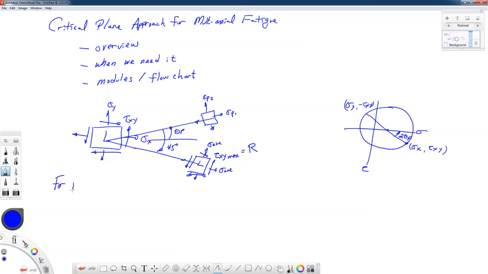Let's write this down. For proportional loading, what I mean by proportional loading is, for example, if we were to look at a phase space of sigma versus tau with time, proportional loading, all of those components stay constant.